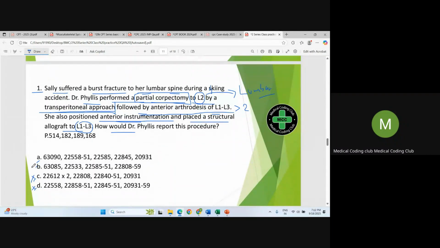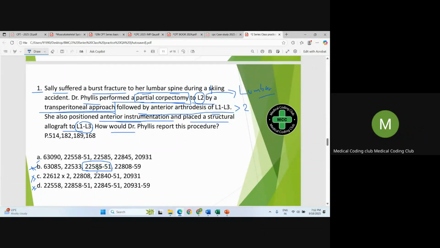So why can't we choose option B? First thing, even without seeing a CPT description, you can eliminate option B, because in it the approach is different. It's a trans-3DL approach. No, see, 59 modifier. 51 is used where?